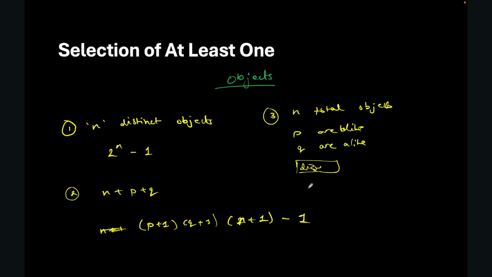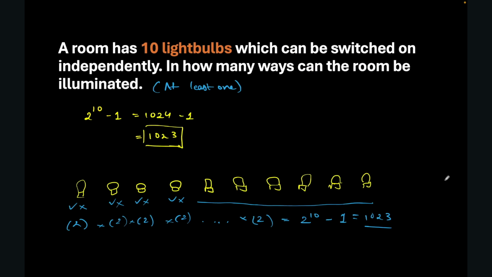In that situation, you can do p plus 1 times q plus 1 times 2 raised to the power n minus p minus q, and then minus 1. It's the same thing. I'm just extrapolating it based on the specific conditions we have done in this situation.